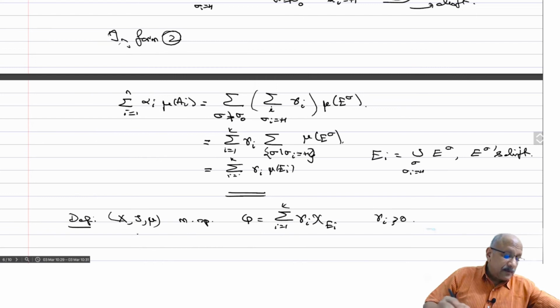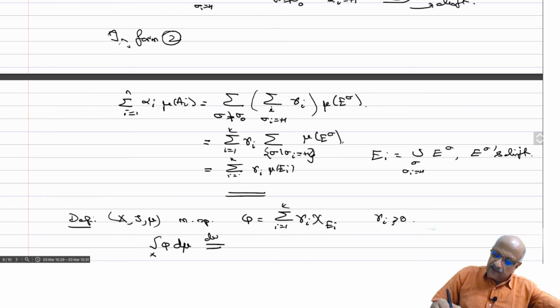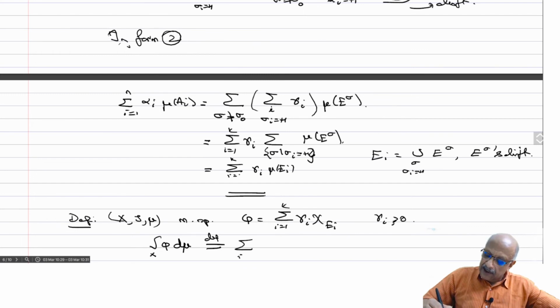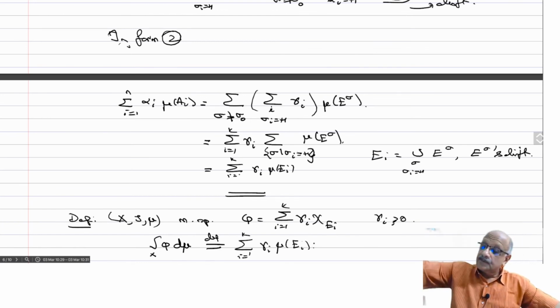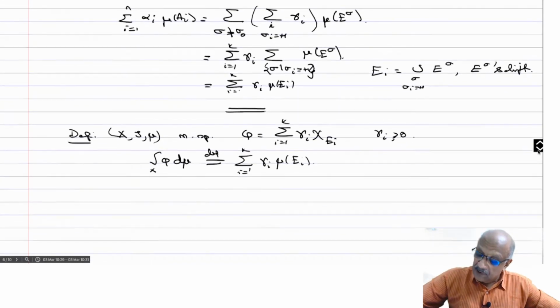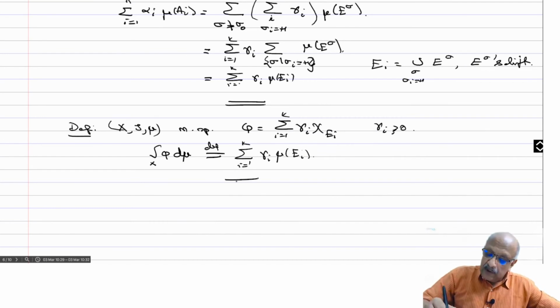Then the Lebesgue integral over X of phi with respect to mu equals, by definition, the sum over i from 1 to k of gamma_i mu of E_i. So this is the definition of the integral when you have a simple function which is non-negative.